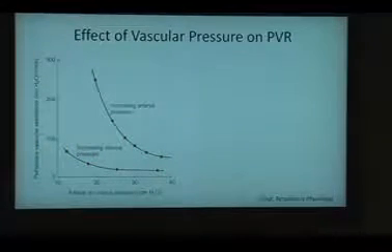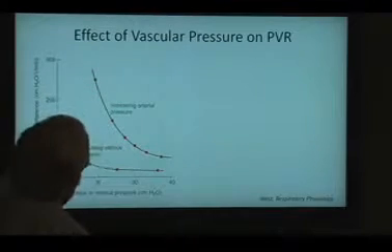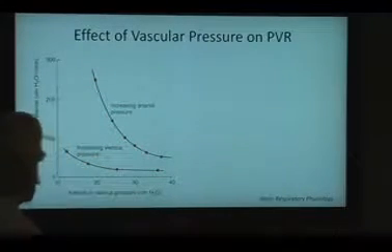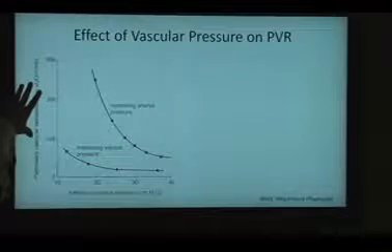This illustrates the effect of vascular pressure on pulmonary vascular resistance. Here we're looking at pulmonary arterial pressure, here pulmonary venous pressure, and here pulmonary vascular resistance.